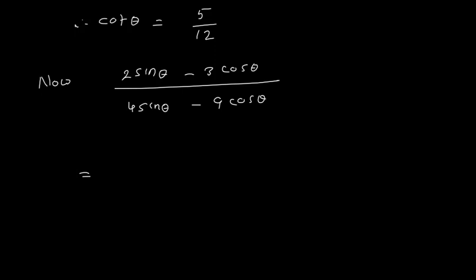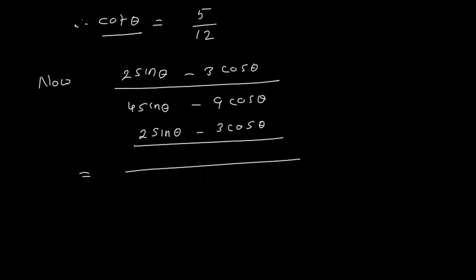We divide numerator and denominator by sin because the value of cot is given. So 2 sin theta minus 3 cos theta, this we will divide by sin theta, and in the denominator we have 4 sin theta minus 9 cos theta, this also we will divide by sin theta.